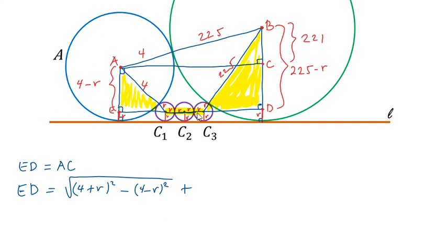this segment right here. That's just r plus r plus r plus r, or 4r, plus the base of this triangle, square root of 225 plus r squared minus 225 minus r squared.